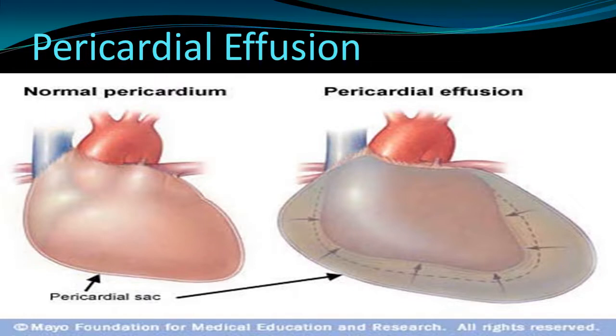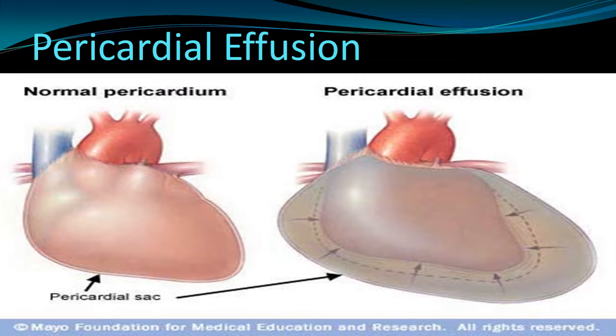Pericardial effusion, when there is excessive fluid accumulation between the pericardium and myocardium, this is called pericardial effusion. If this fluid is clear, exudative or transudative, or it can be blood which has come out through a perforation of myocardium. If this fluid fills under very high pressure, then it leads to cardiac tamponade.